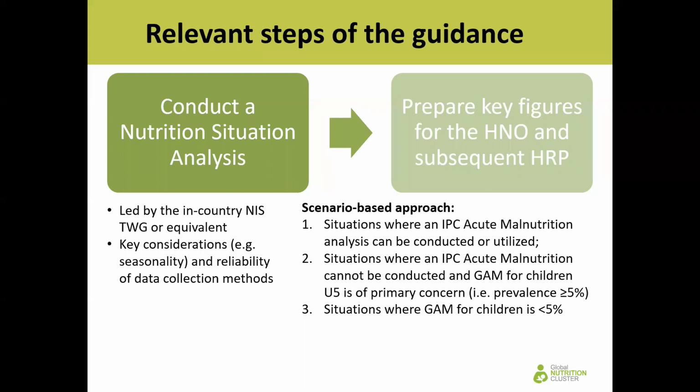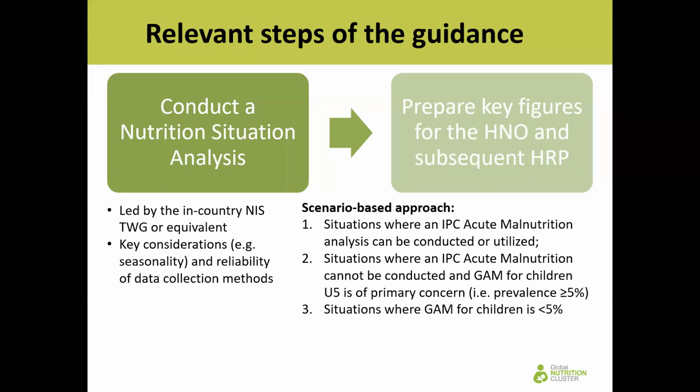The majority of this nutrition situation analysis is based on the integrated phase classification acute malnutrition framework. We use this framework not only because it's an adapted UNICEF conceptual framework that we're all very familiar with, but also because it aligns with one of our scenarios, where across the guidance we have 3 different scenarios at hand. We have a number of countries who generally perform an IPC acute malnutrition analysis.